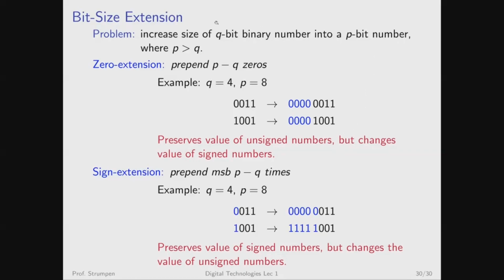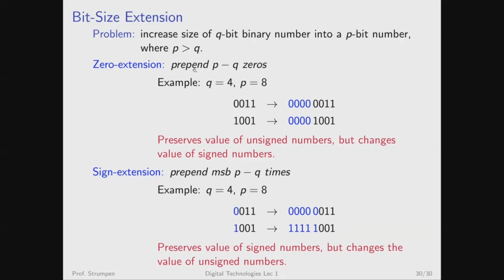Let's assume we have a q-bit binary number and want to turn it into a p-bit binary number where p is larger than q, meaning we want to take a narrow number and extend it into a wide number. Well, there are 2 ways to do that easily. One is called zero extension, the other is called sign extension.